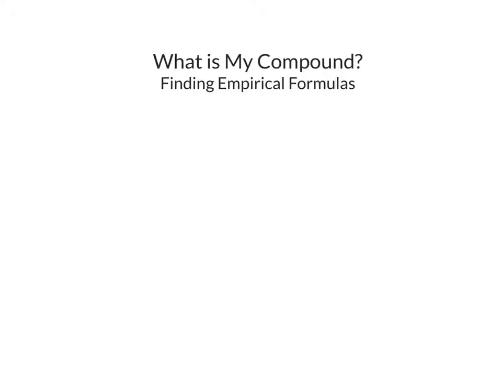formula of my compound. So an empirical formula is the smallest whole number ratio of atoms or elements in the compound. So for instance, if I have the compound C2H4, that represents the molecular formula for that compound.